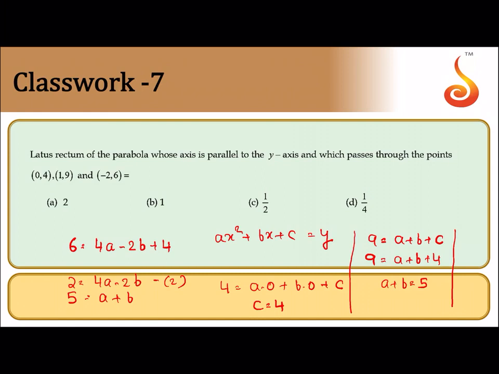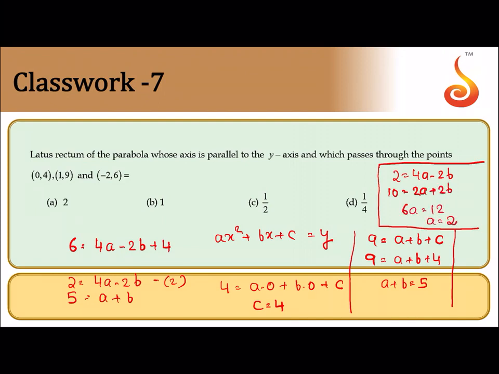Once we get the a, b, c values, let us calculate them. So we got a plus b is equal to 5 and 2 is equal to 4a minus 2b. If I multiply the first equation by 2, this becomes 10 equal to 2a plus 2b.